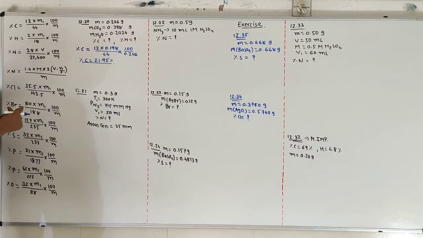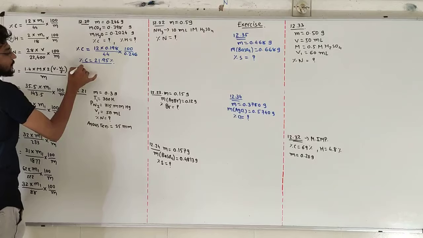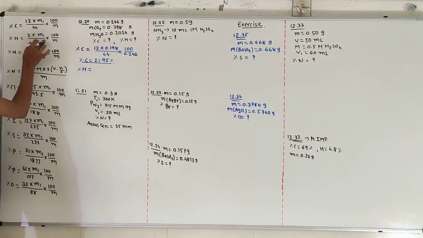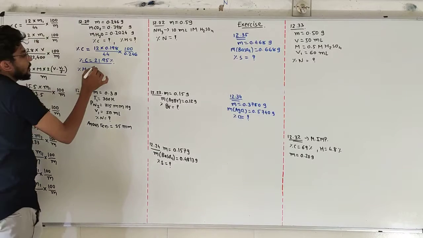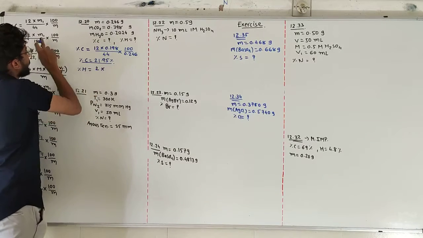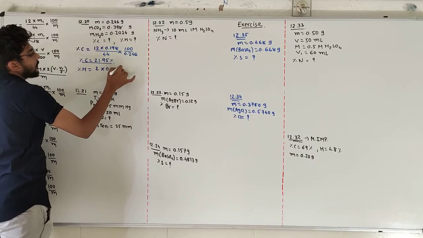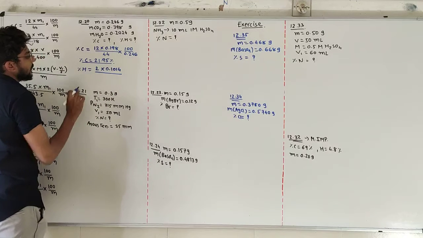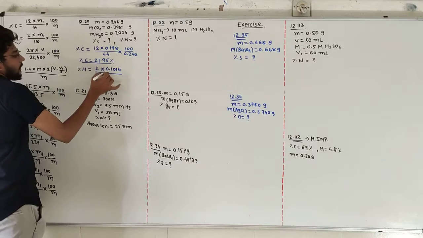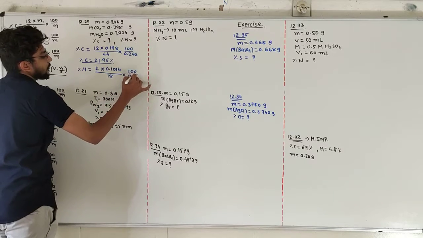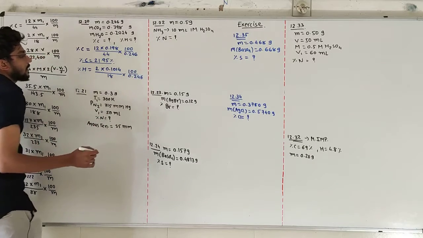Likewise, we will calculate the percentage of hydrogen. The percentage of hydrogen will be equal to 2 into M1, the weight of H2O, 0.1014, divided by 18 into 100 by M. The value of M is 0.246.